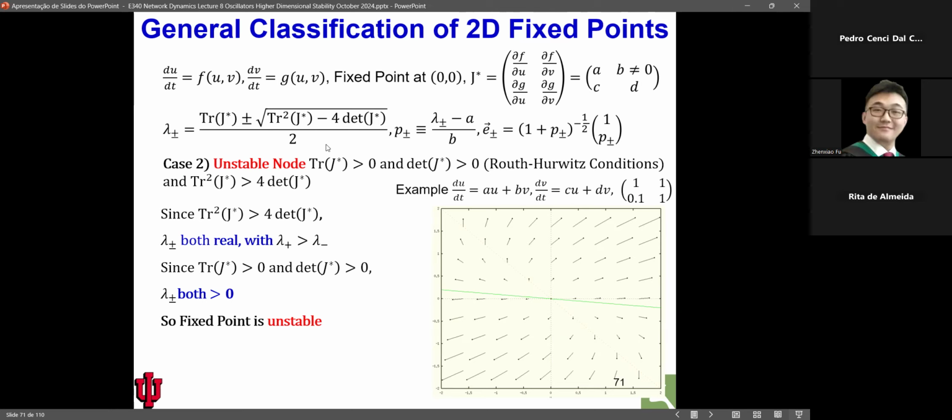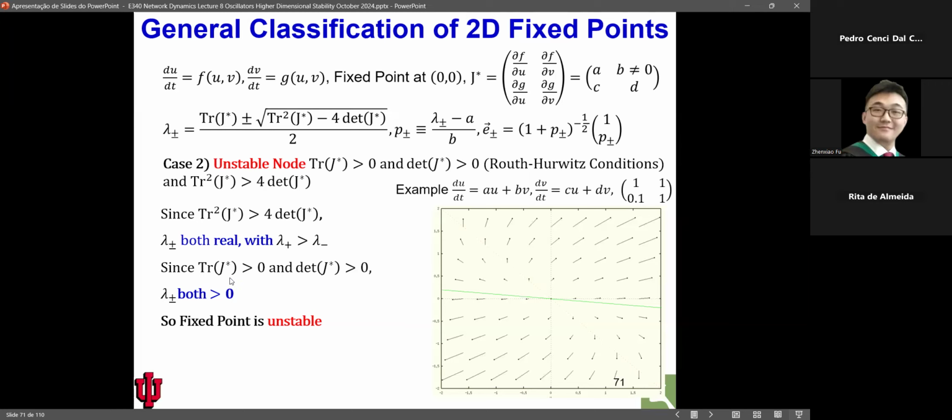Since the trace squared of J is larger than this, the square root of this thing is going to be less than this number. Then lambda plus is going to be larger than lambda minus, and both are larger than 0.